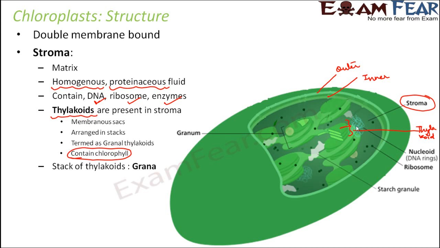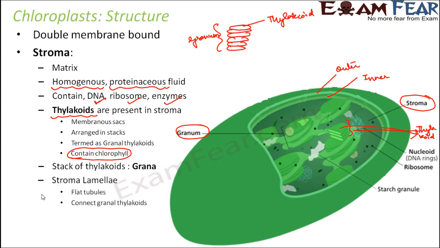Each of them is a thylakoid and the entire stack is a grana. Let us suppose this is your stack, this is the pile of coins. Each of these coins is a thylakoid and the entire stack is a granum, whose plural is grana. That is why each of them is also known as a granule thylakoid.